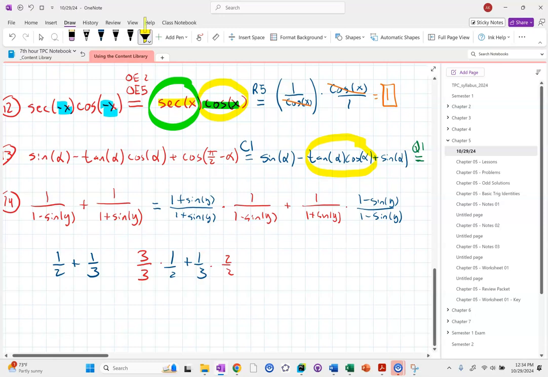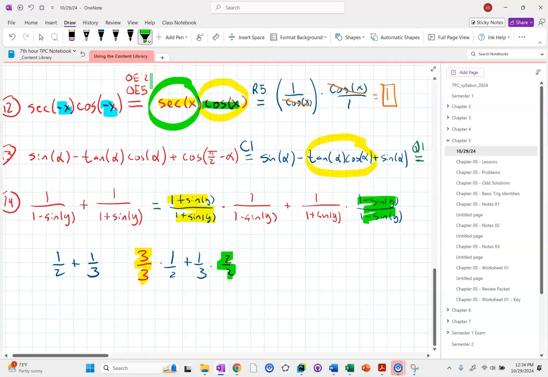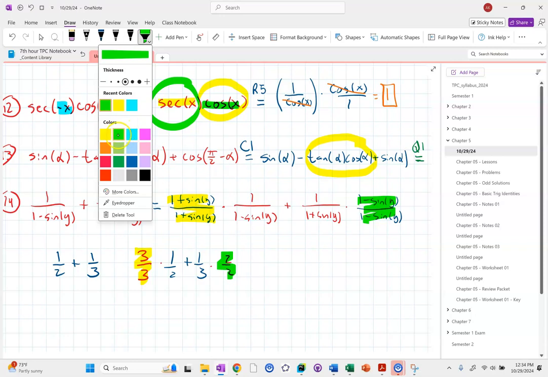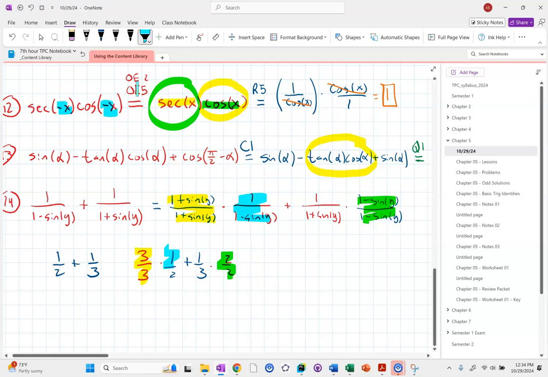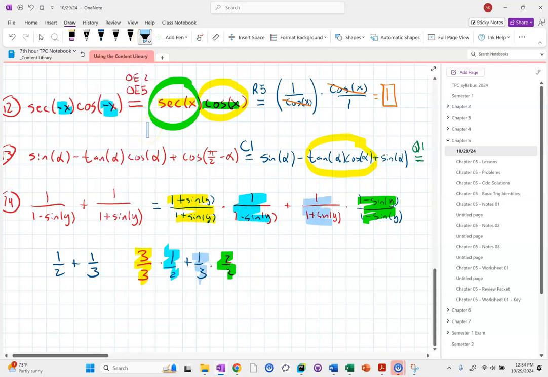So if I look at it, this is kind of the same as that piece. This is kind of the same as this piece. Yep. Sure. This is kind of like the same as that piece. And then this one is like the same as that piece. See, it's still the same process. There's a lot of symbol going on, but it's still the same idea. We're doing the same thing, right? Does that help clean it up a little bit?